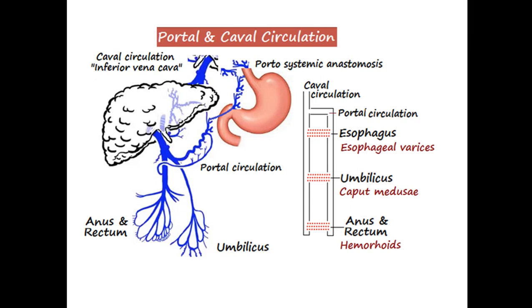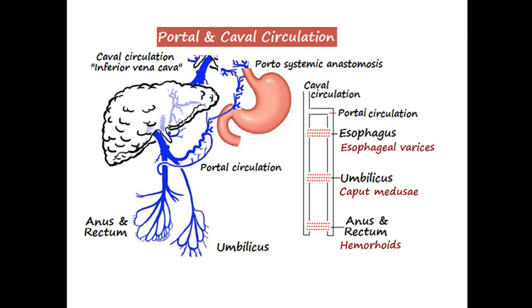So what happens is that normally these communications or anastomoses make a very minute mixing of the portal and caval blood, but in diseases of the liver where the blood flow gets resistance to flow through the liver, these anastomosing channels open.